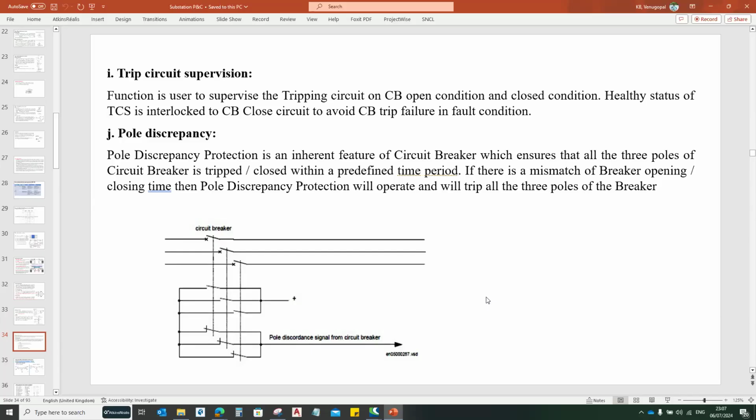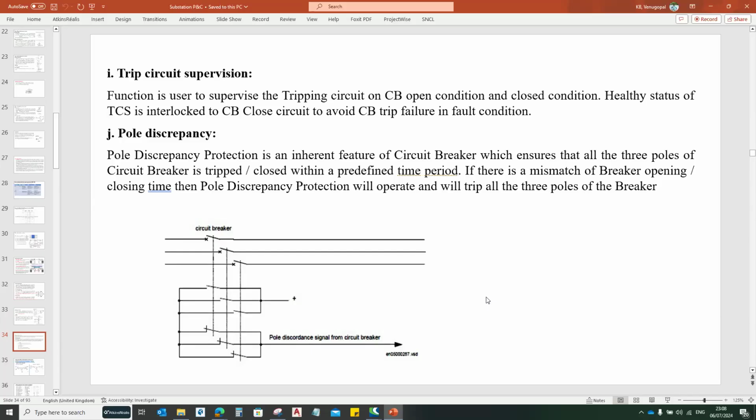So that's the reason, before closing the circuit breaker as well as after closing the circuit breaker, you need to supervise the circuit of the trip coils. We call it pre-close supervision and post-close supervision. Pre-close supervision is nothing but before closing the circuit breaker, you need to check the healthiness of the trip circuit, where you have the trip coils and their connections.